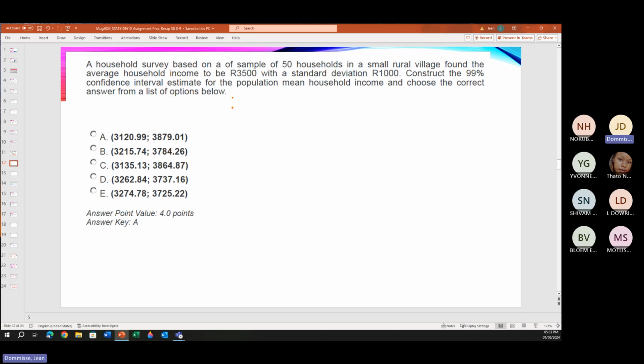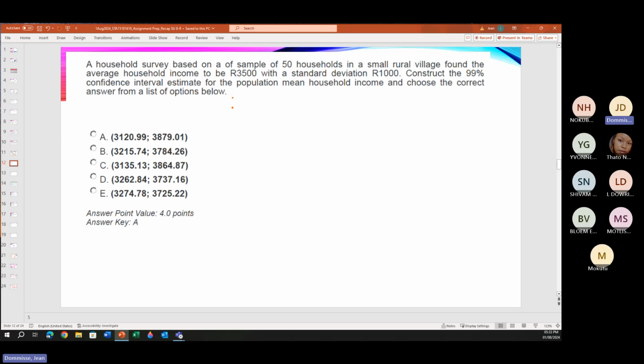And again, this is from the previous assignment, or from your mock assignment, or from other ones that I had. So let's look at the information and then we decide what to do.